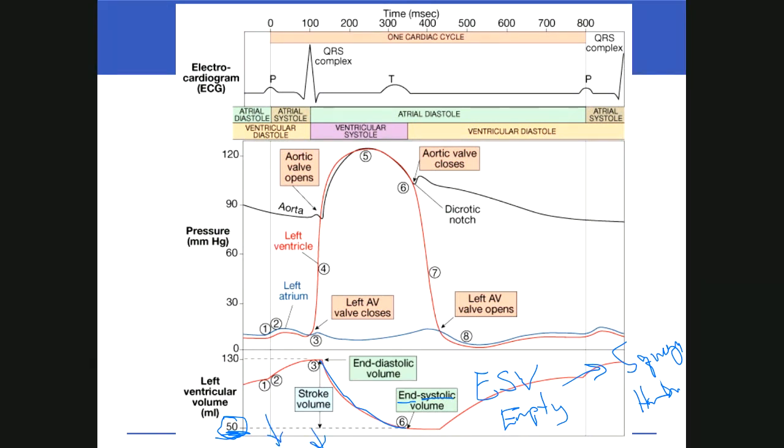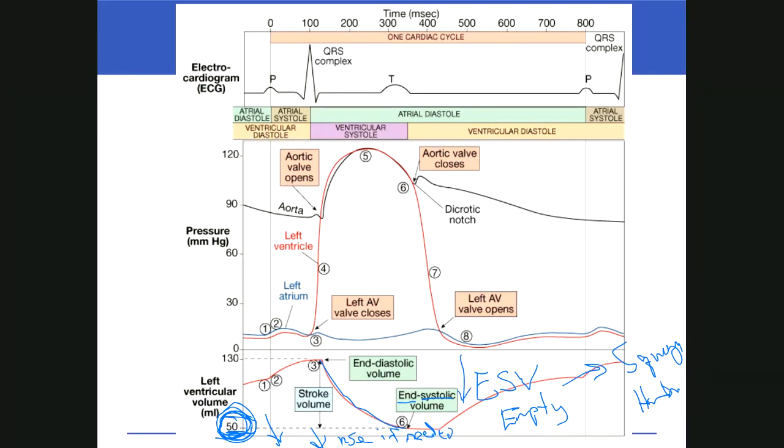But we have this much blood left in the heart at the end of every beat that we can use if needed. If you start exercising, you need more blood to move. And so your heart pumps harder. And so our ESV will go down.